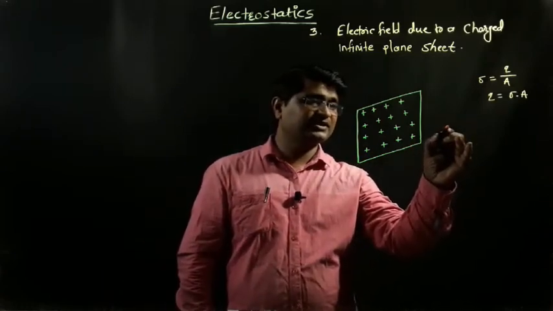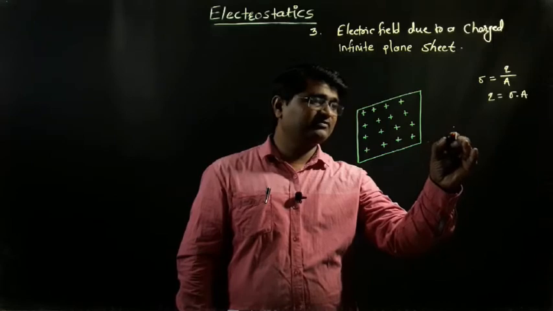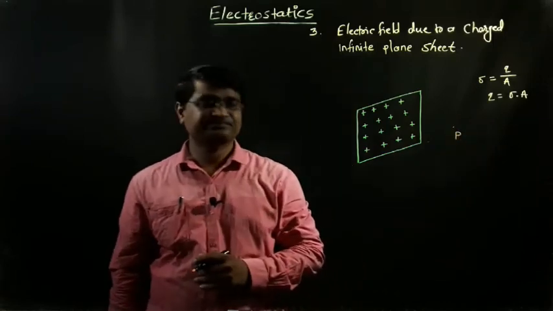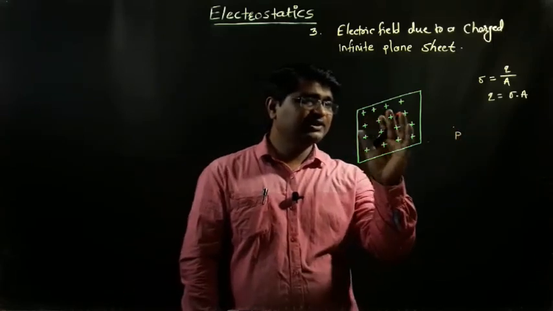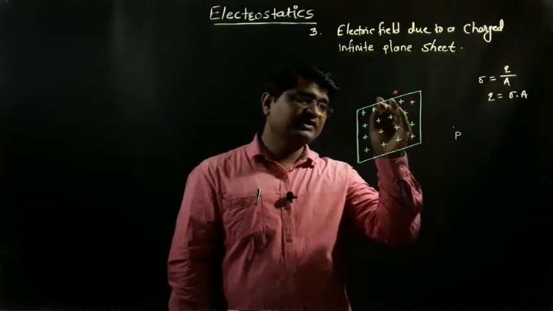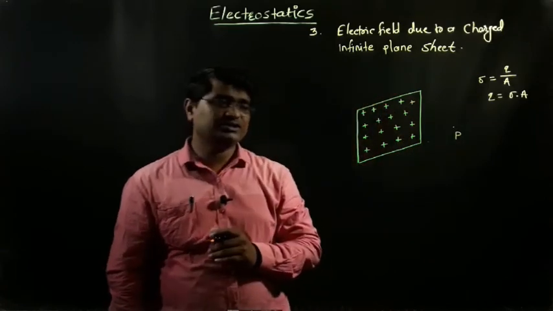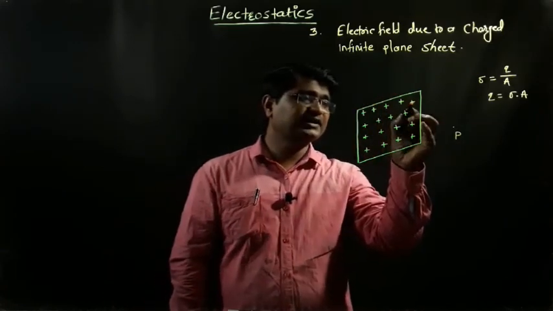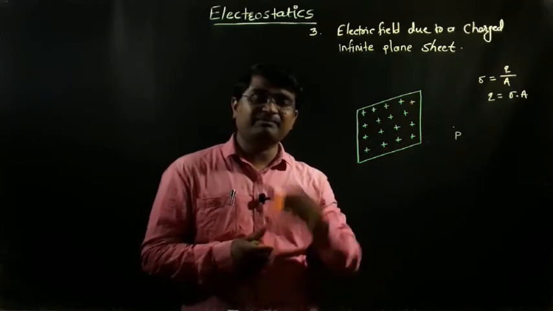So we can draw any one point P here. When the positive charges are deposited on the surface of the plane sheet, an electric field is generated, and this electric field is perpendicular to the plane sheet.